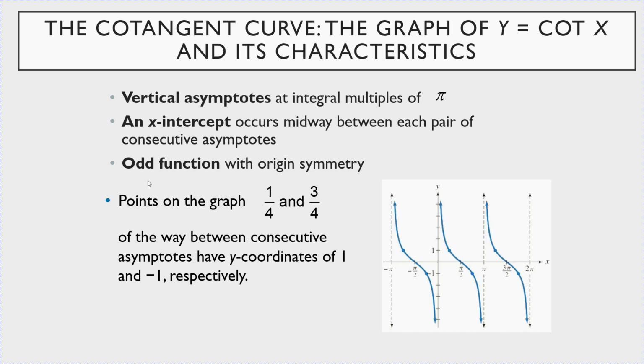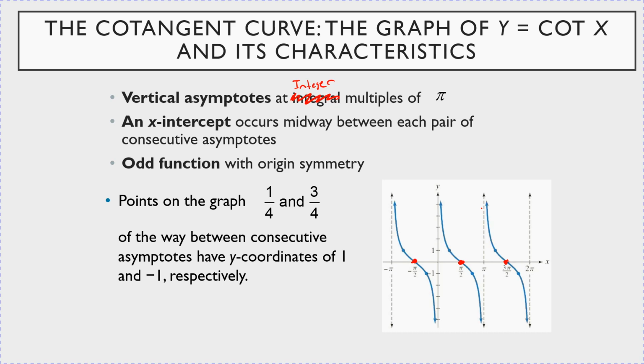So the characteristics are, you're going to need to know that the vertical asymptotes occur at, again, sorry about these typos, integer multiples of pi. An x-intercept occurs midway between each pair of consecutive asymptotes. So you'll notice here, midway between the asymptotes, you get that x-intercept. That's going to be important to help us graph.